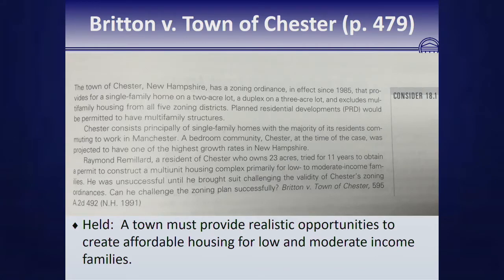He was unsuccessful until he brought a suit that challenged the validity of Chester's zoning ordinances. Can he challenge the zoning plan successfully? In this case, the court held that a town must provide realistic opportunities to create affordable housing for low and moderate income families. And so for that reason, this zoning ordinance was struck down.